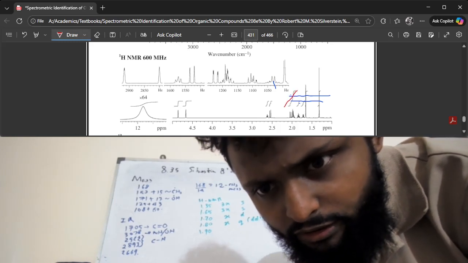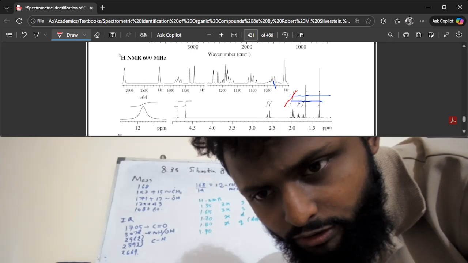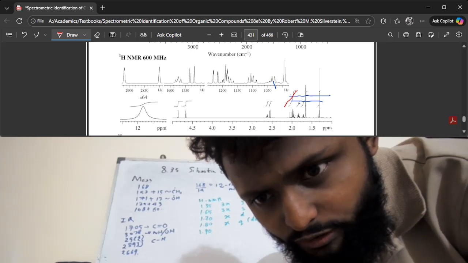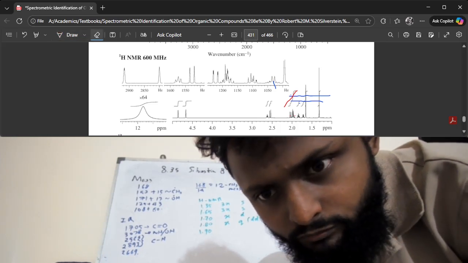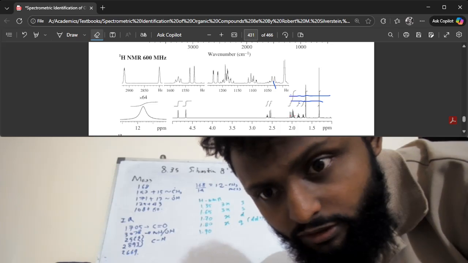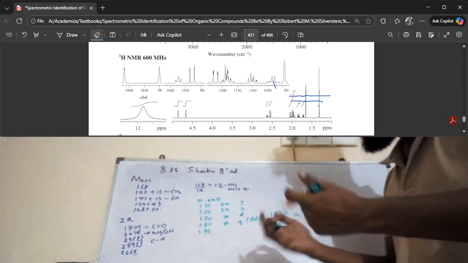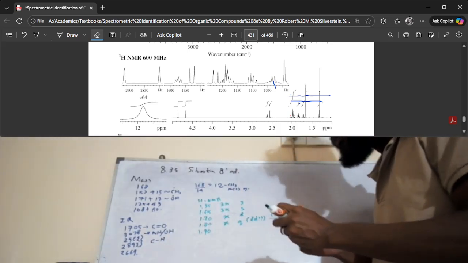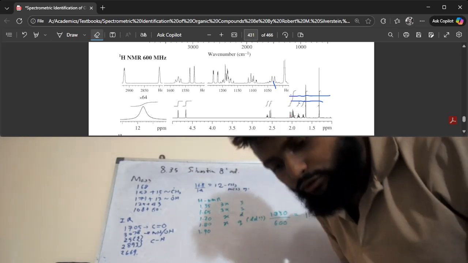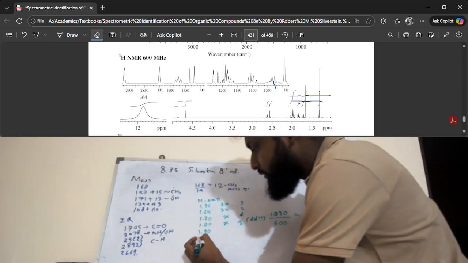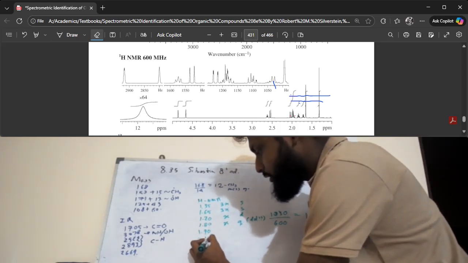That one integral spreads over two signals, this one and this one. So we'll have to figure out the relative heights of the proton density that correspond to those different signals. There's one at 1.9 and the other one we're going to say 2.10.